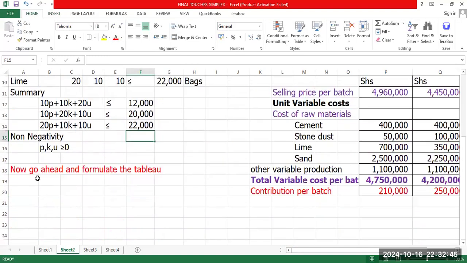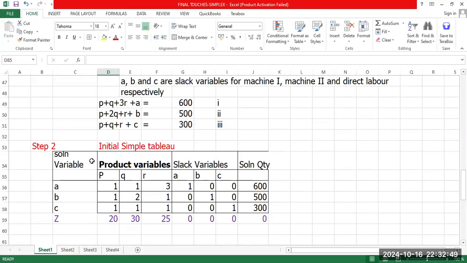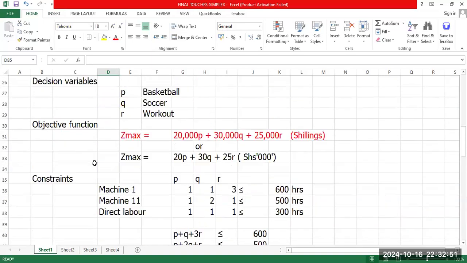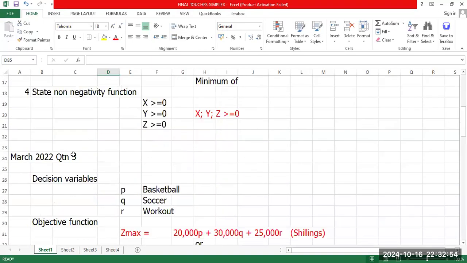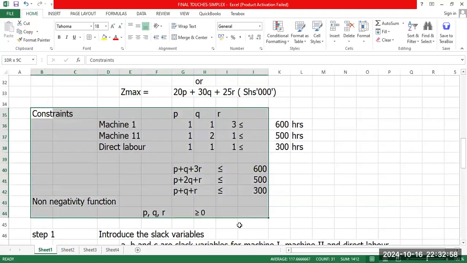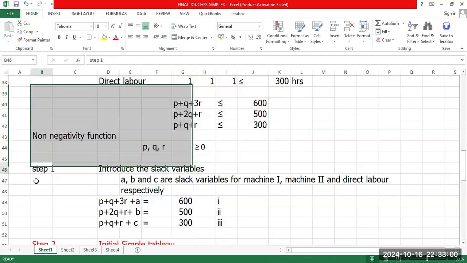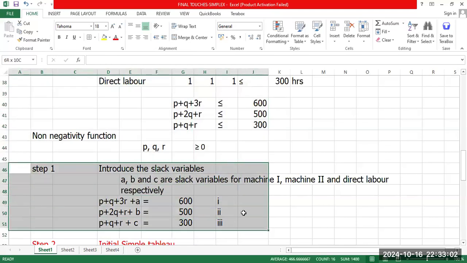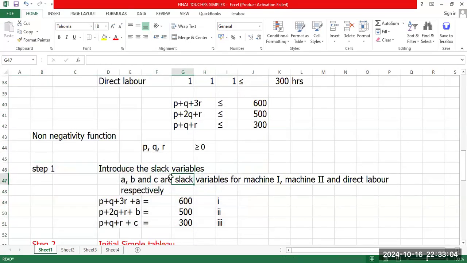remember the first step is to introduce slack variables, like the way we did here. After formulating our linear programming model, this one, we had to do this. Step 1, introduce slack variables. See whether in the question slack variables are defined. If slack variables are not defined, define them based on your constraints.